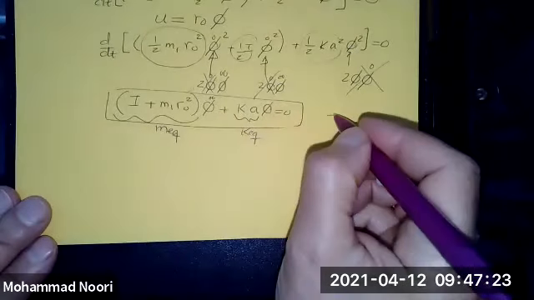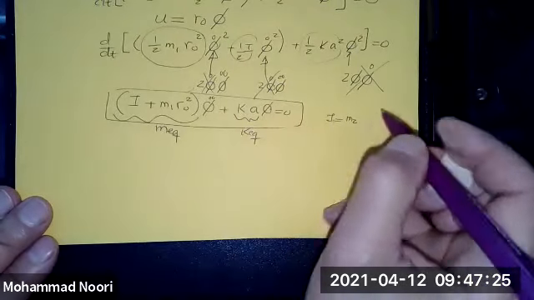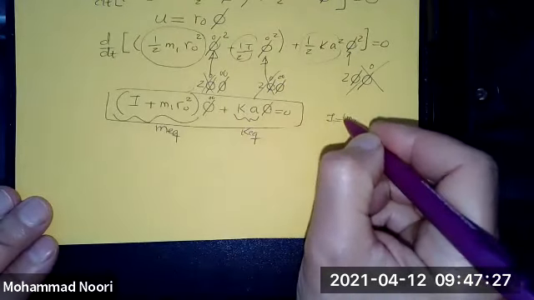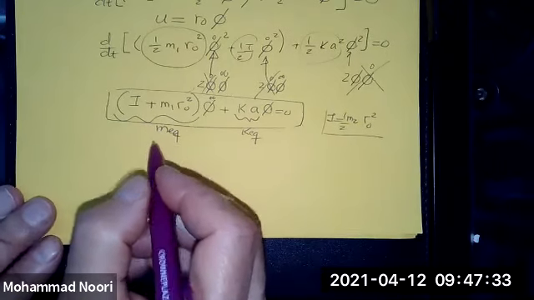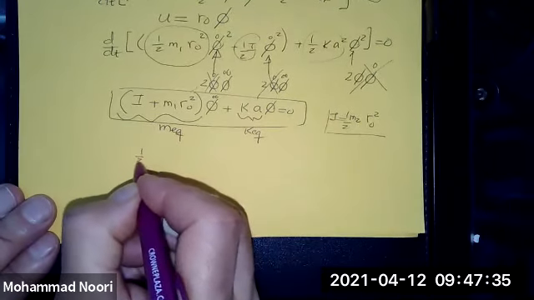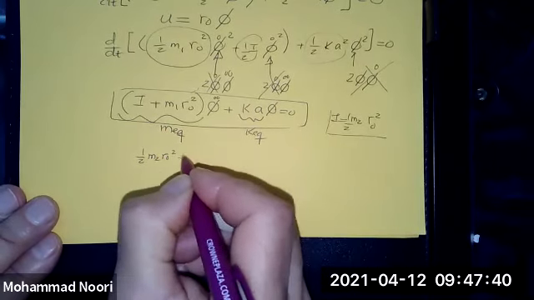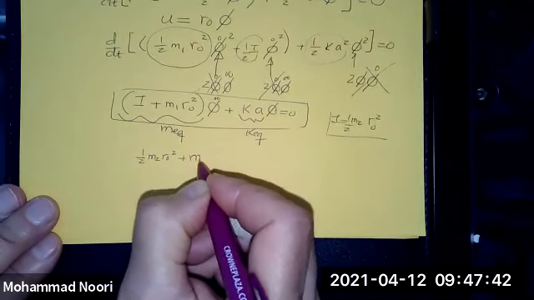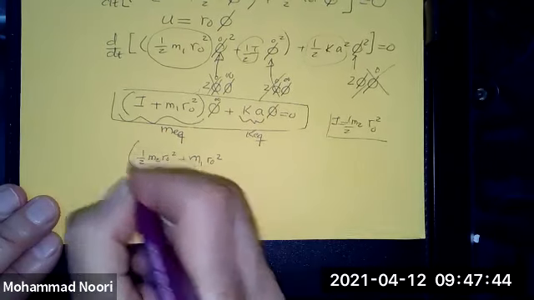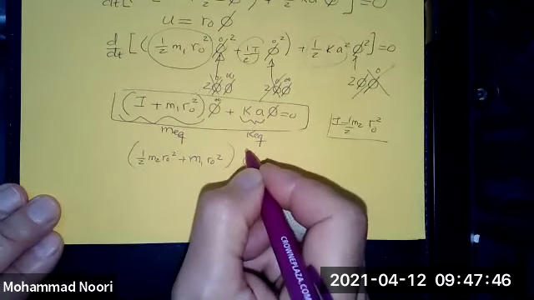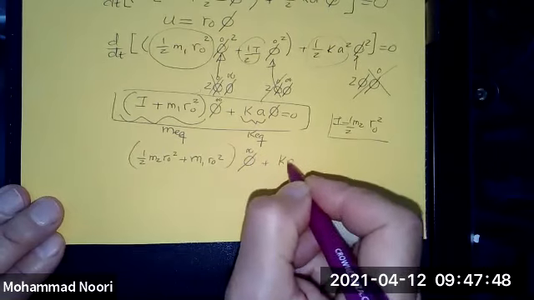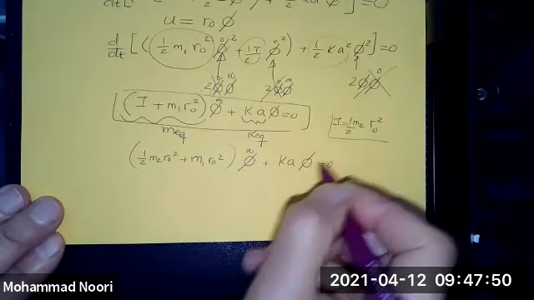Of course, I, remember, is 1/2 M2 R naught squared, so you can substitute that here if you want. You have 1/2 M2 R naught squared plus M1 R naught squared times phi double dot plus K A squared phi is equal to 0.